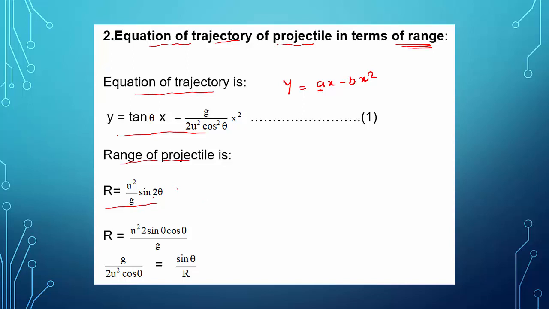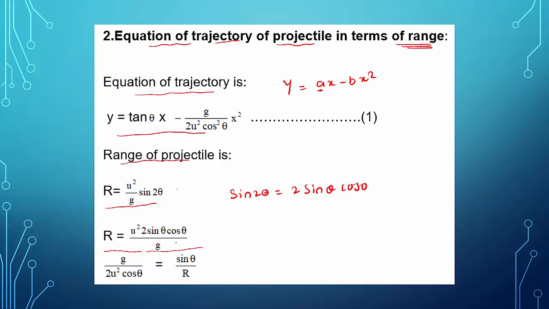Observe this equation here, r equal to u square by g into sine 2 theta. Here I am going to rewrite this equation. Observe carefully. R equal to u square by g, keep as it is, sine 2 theta. In place of sine 2 theta, we can write 2 sine theta into cos theta. So the equation becomes r equal to u square into 2 sine theta into cos theta divided by g.